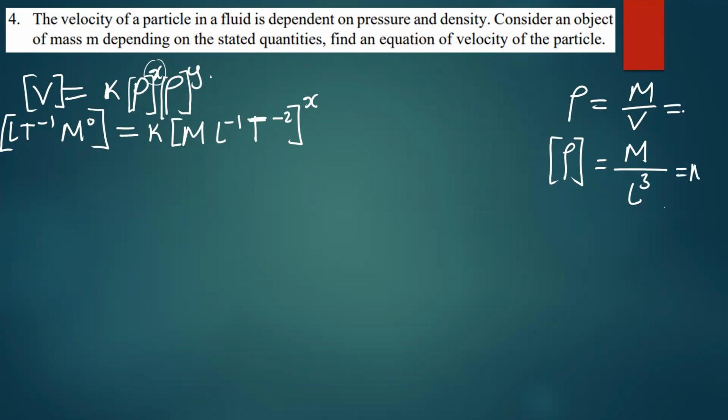So this will therefore be M L to the power negative 3. So these are the dimensions for density. So we put M, then L to the power negative 3, and we also have T to the power 0, all raised to the power y.